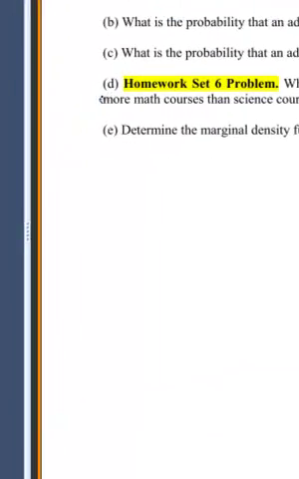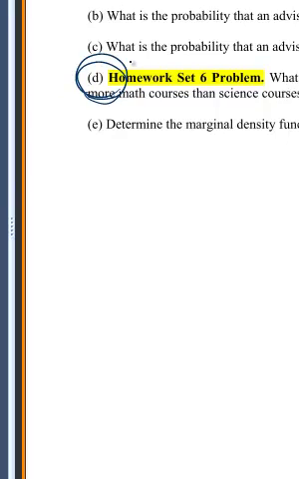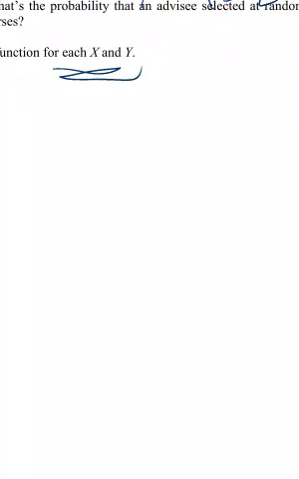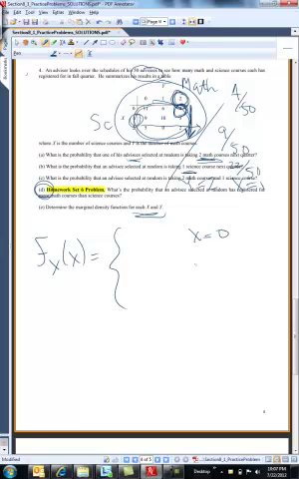Letter D, I put on homework set 6, and for E, maybe we'll build the marginal for one of them. So let's just look at f of x. f of x can take on the discrete values 0, 1, or 2.